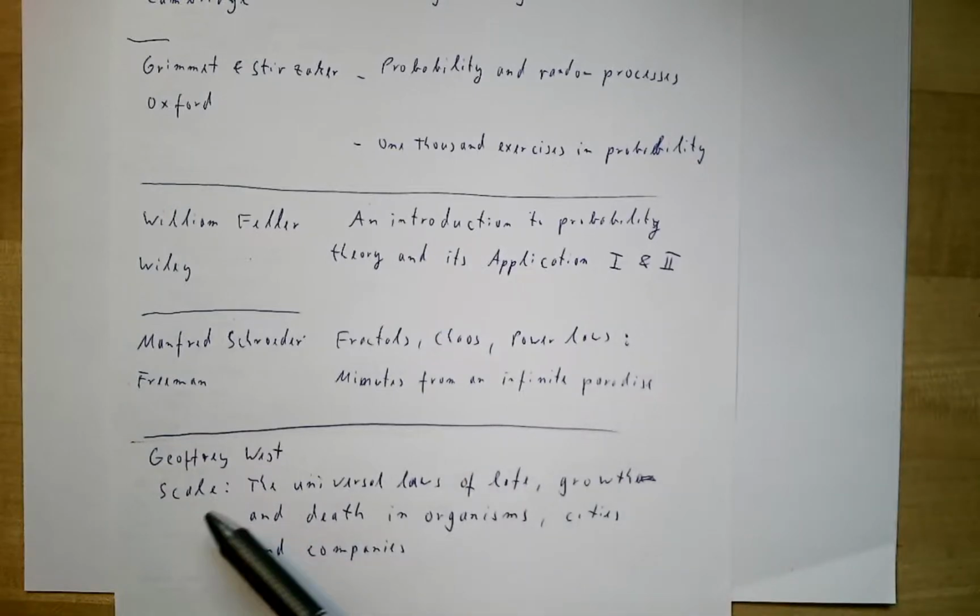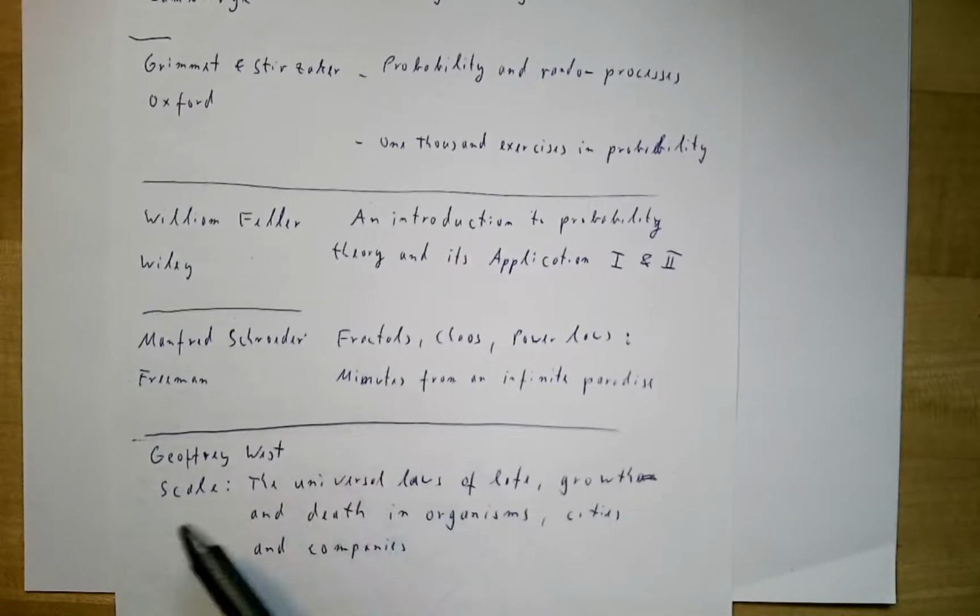And here even a book without equations, from Geoffrey West, called Scale: The Universal Laws of Life, Growth and Death in Organisms, Cities and Companies.